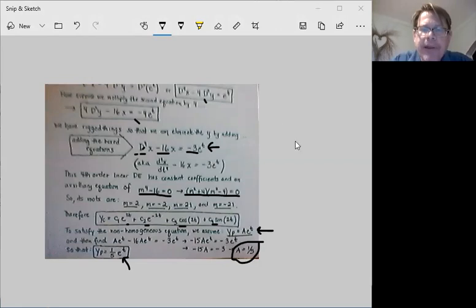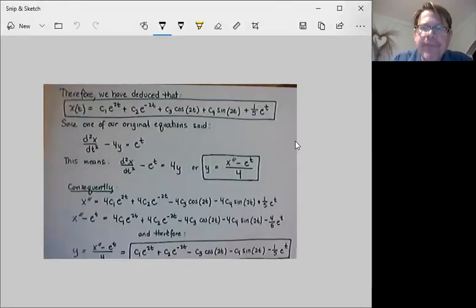So reviewing, we now know exactly what the function x of t is. It's the sum of the complementary function and our particular solution. So c1 times e to the 2t plus c2 e to the minus 2t plus c3 cosine of 2t plus c4 sine of 2t.